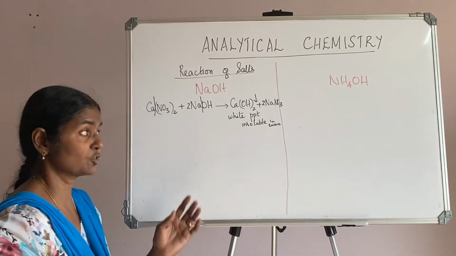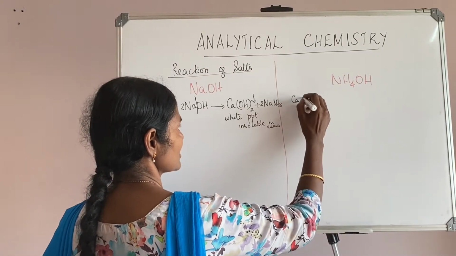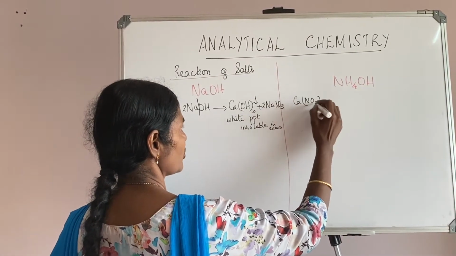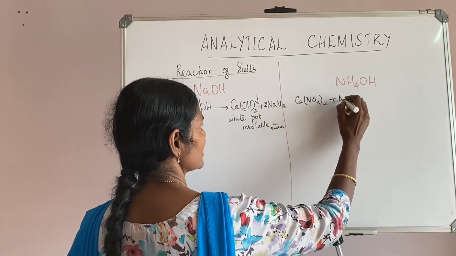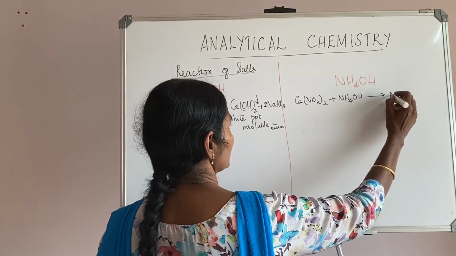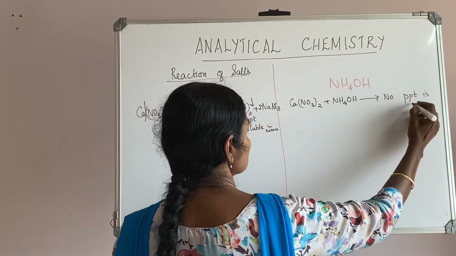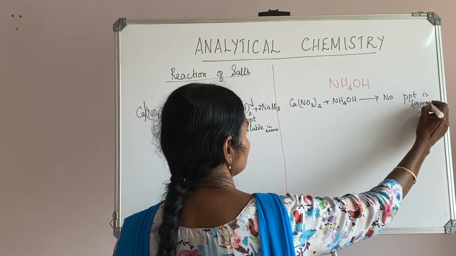So that's about NaOH. The same calcium nitrate is not able to form a precipitate with NH4OH, because no precipitate is formed. Why?